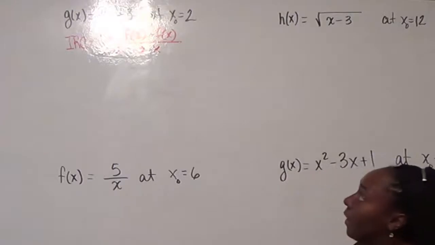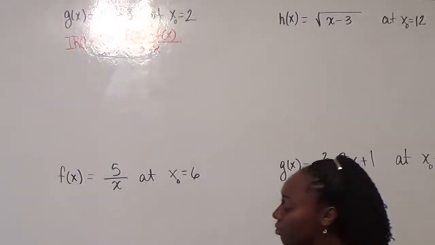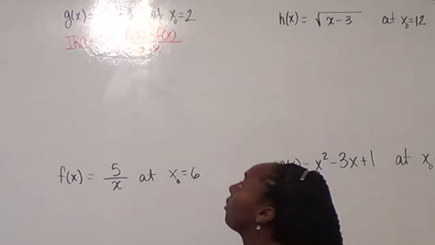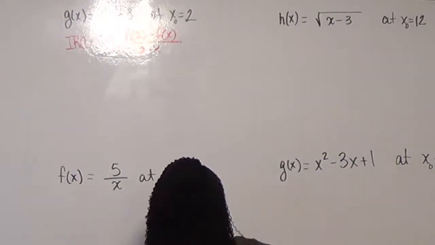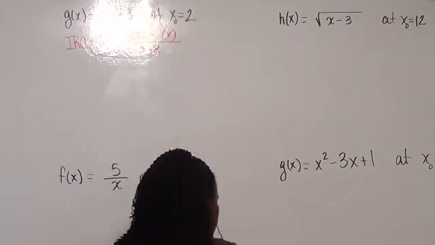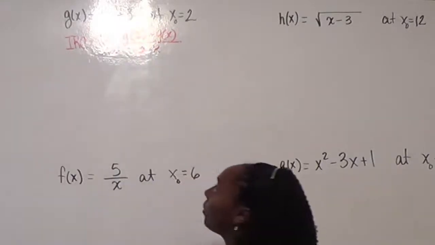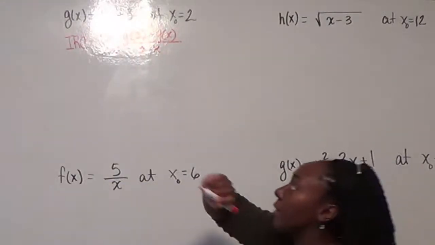For these, that first part, the f of 2 and the f of x, just means I need to plug in what the functions are there. I'm going to apologize, these should be g's. If we look at g of 2, we can plug into our function.